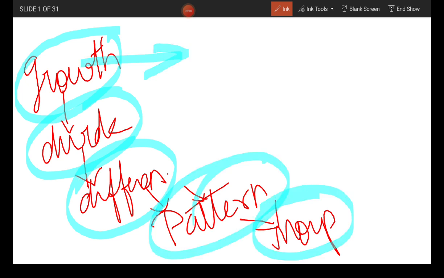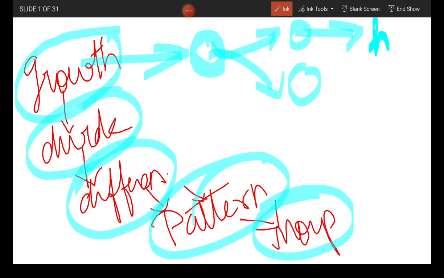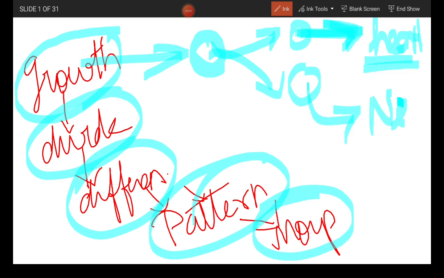Growth: a cell has to grow. A cell has to keep itself alive first of all to grow. The cell has to divide. The cell has to differentiate, for example this cell has to become a heart cell. The cell has to be specified and determined to become a particular cell of the body.